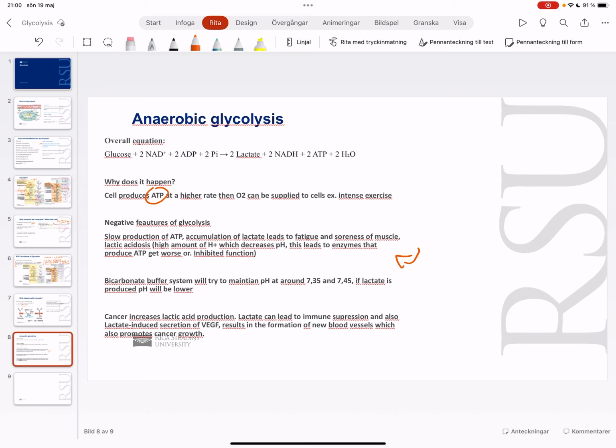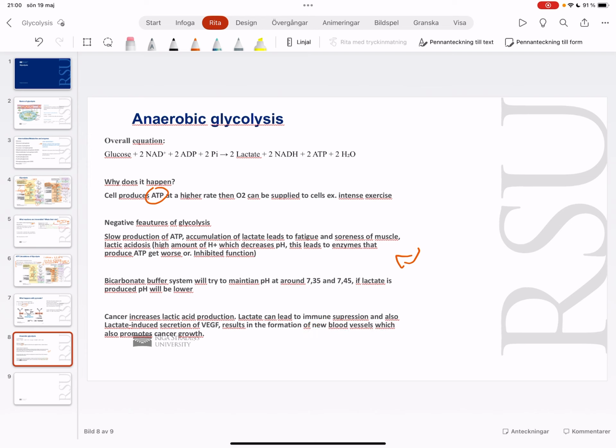Cancer increases lactic acid production, and lactate can lead to immune suppression and also lactate-induced secretion of VEGF. VEGF is a protein that results in the formation of new blood vessels. So basically, if you have cancer or cancerous cells, they also have to supply themselves with blood and nutrients, so they need new blood vessels.